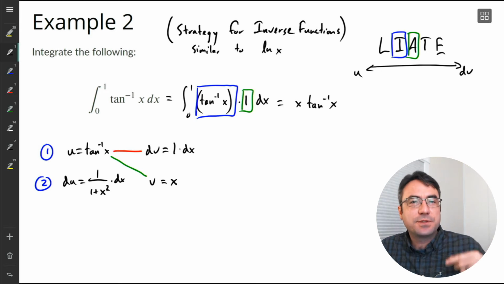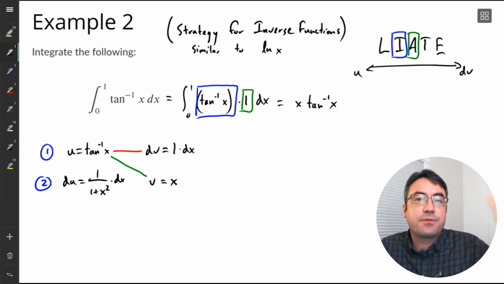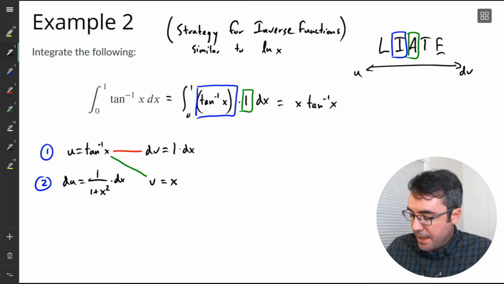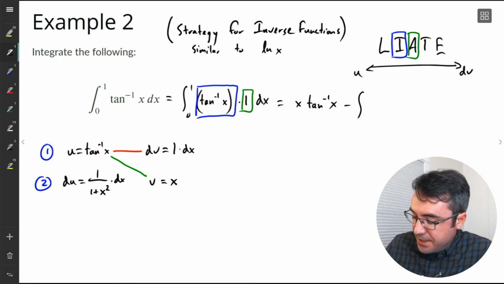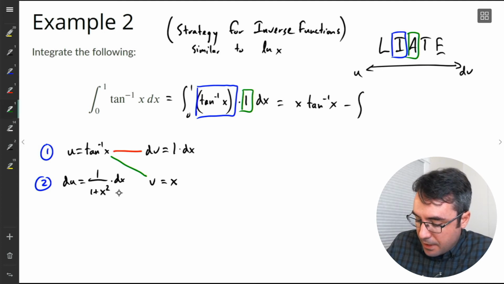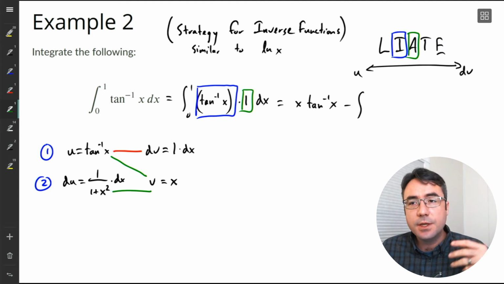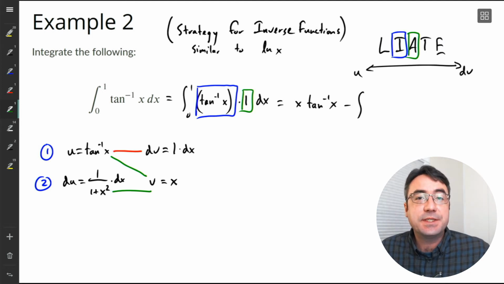It helps to put those smaller loose terms like just the single x there in front of the inverse tangent function. It just looks a little cleaner when you write it out. And then it's minus the integral of v times du. So we multiply those pieces together.